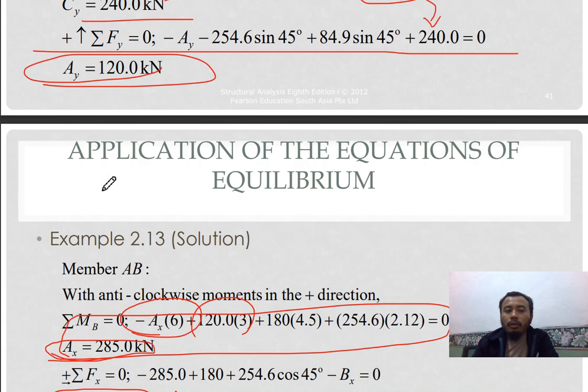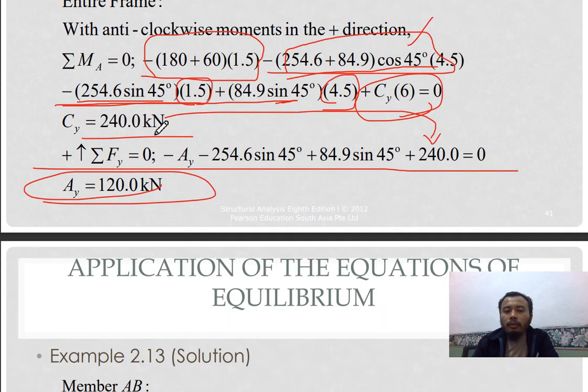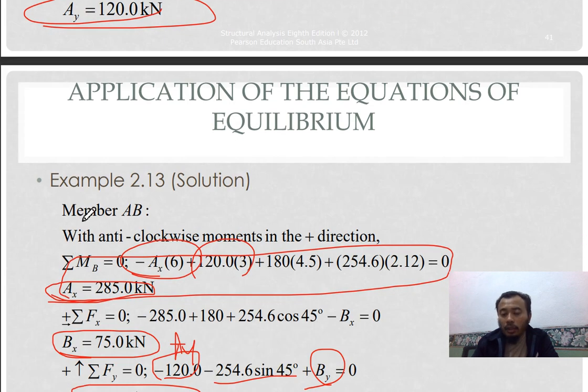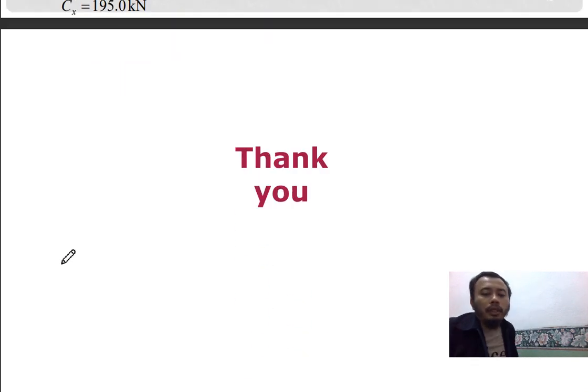You can also solve CX at this point by solving the whole entire equation, but this is one of the steps. Once you understand, there will be multiple ways of solving this. But remember to be consistent with the direction, the vector of moment and vector of forces.